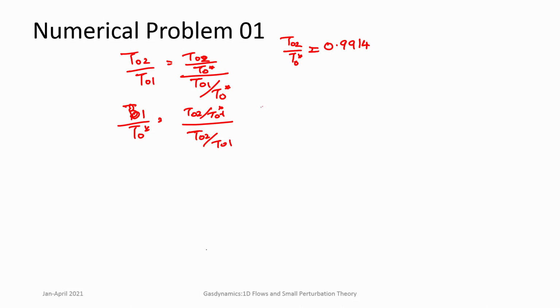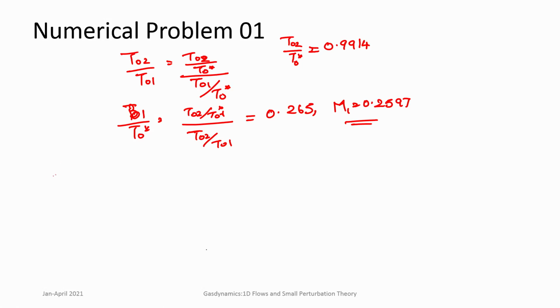Yes, this is correct. So, we get the value of T01 by T0 star, it turns out to be 0.265. Now, we can go back to the calculators or the charts and find the corresponding Mach number, and Mach number M1 is 0.2597.